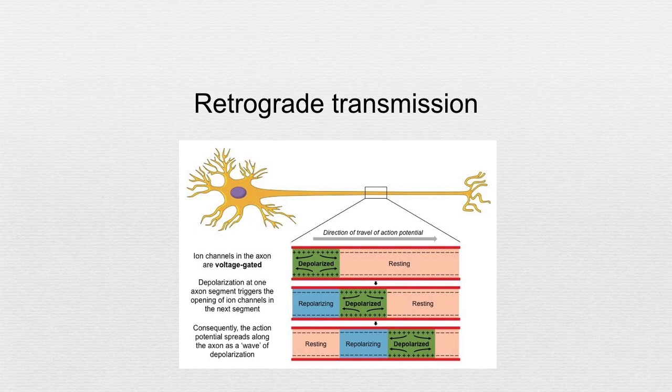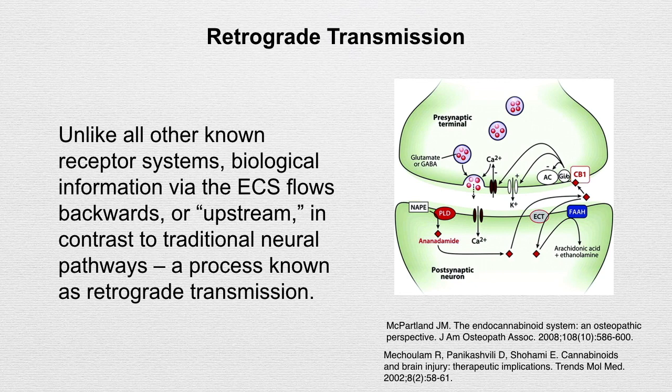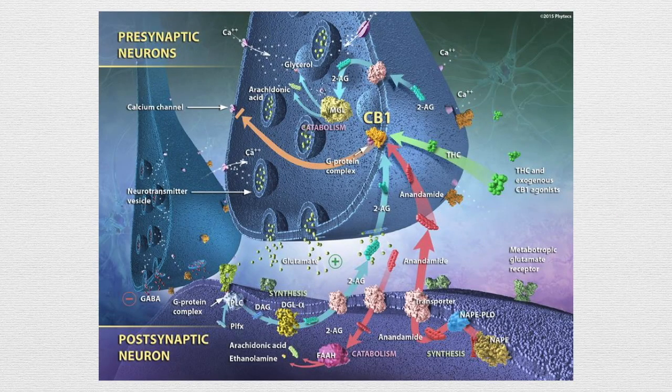But the endocannabinoid system allows feedback to come the other way. So unlike all other known receptor systems, biological information via the endocannabinoid system flows backwards or upstream in contrast to traditional neural pathways, and we call this retrograde transmission.